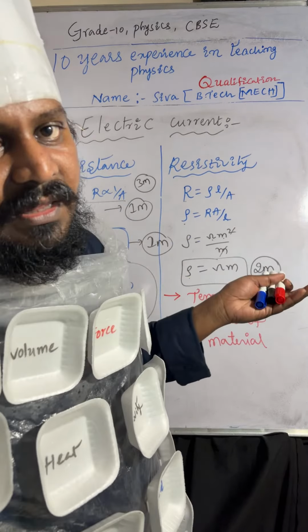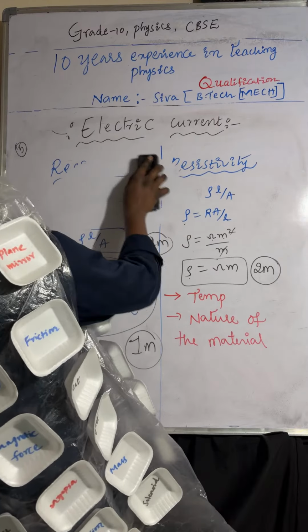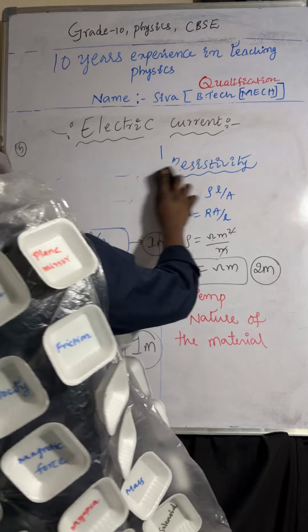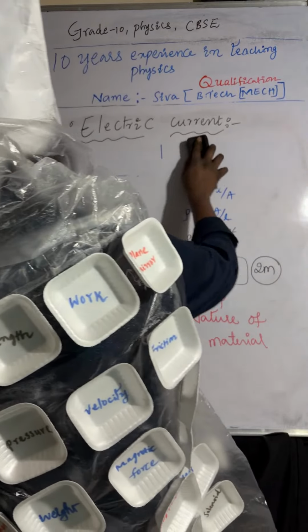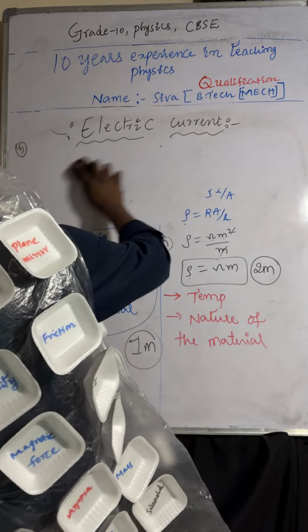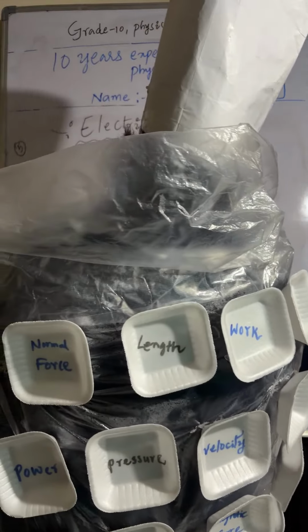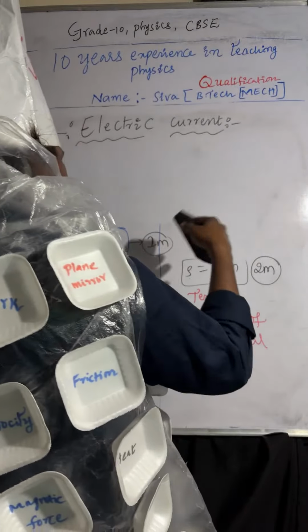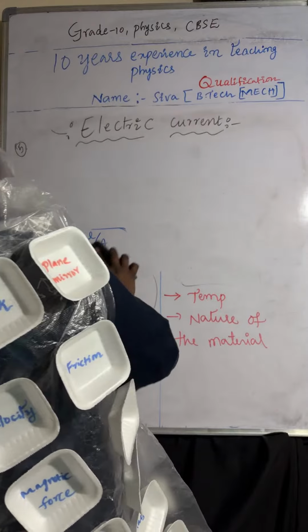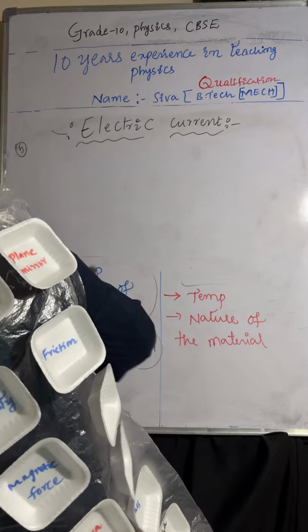Sir, they won't ask out of the allotted marks? Maybe the allotted marks for the chapter will be allotted based on these questions. Maybe it depends. So questions come from this concept.